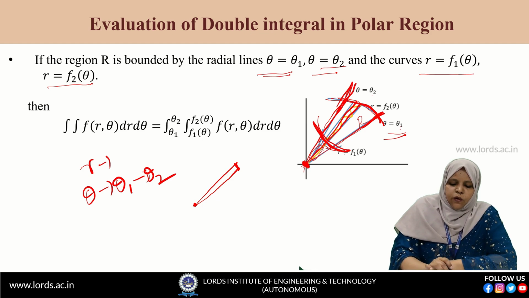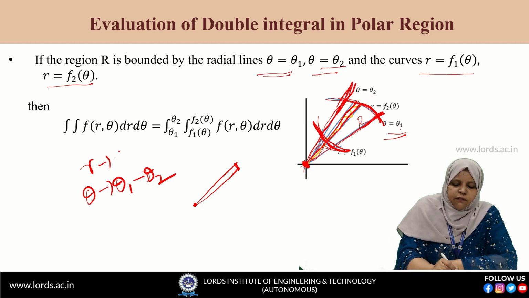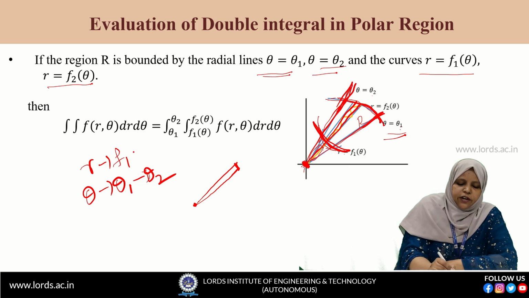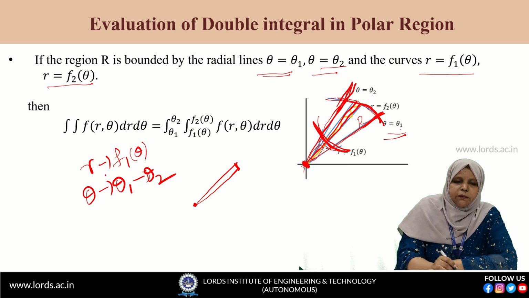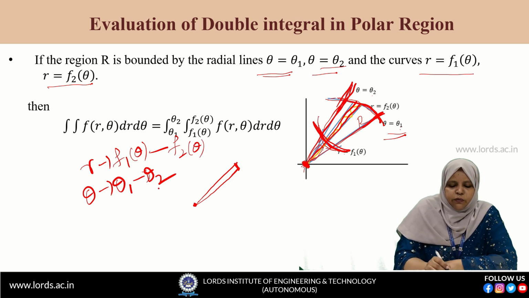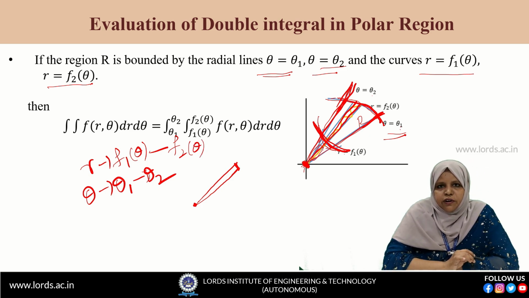Okay. So the limits of r will be nothing but, as the first end of the wedge is on f1 of theta, the lower limit of r will be f1 of theta and the upper limit of r will be f2 of theta. Okay, so with this we get the limits of r.